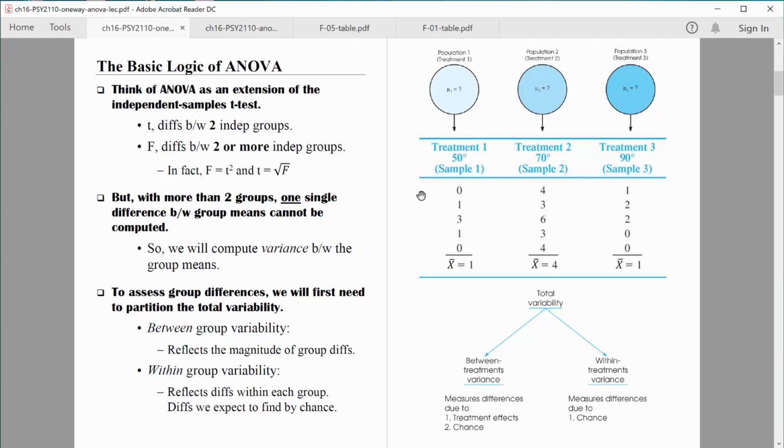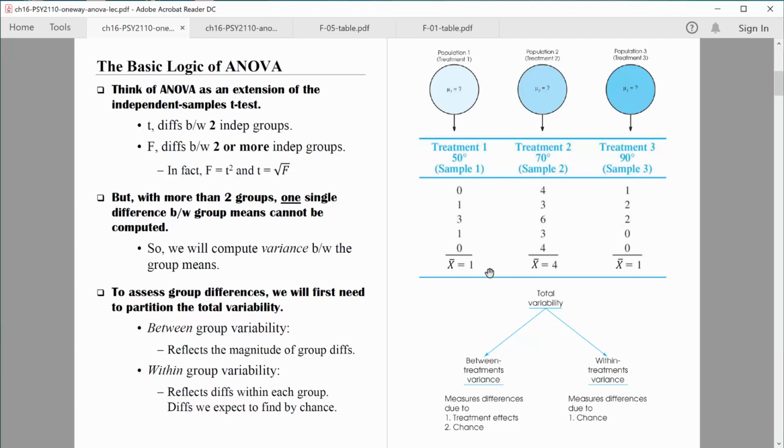So look at this situation right here. I'll explain it more in a minute. But we have three different groups, some people who are in a relatively cold room, some people who are in a comfortable room, and some people who are in a warm room. And we're seeing how much information they can learn, how much information they can recall when they're tested. And these values in here show how much information they recalled on some type of follow-up test.